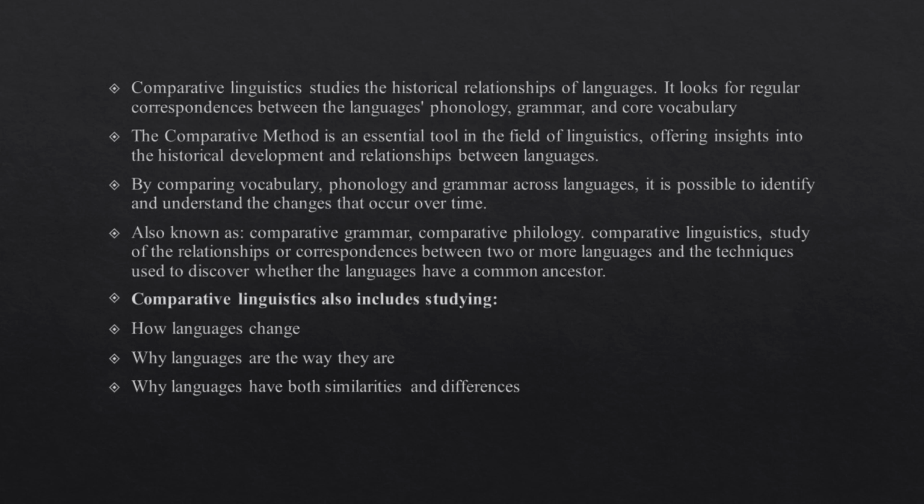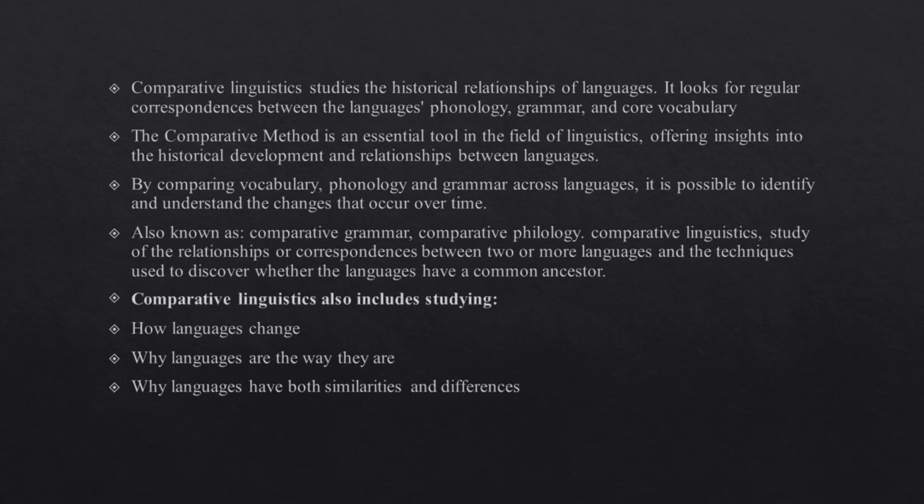The comparative method is an essential tool in the field of linguistics, offering insights into the historical development and relationship between languages. By comparing vocabulary, phonology, and grammar across languages, it is possible to identify and understand the changes that occur over time.